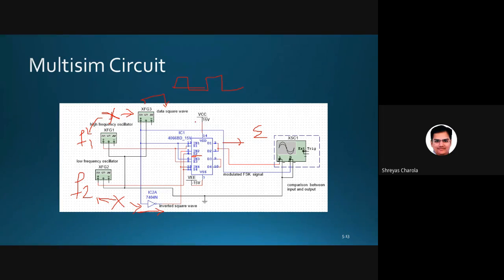Okay, now your job is to find out: everything is known to you, but one thing is unknown, the 4066 BD. That is an IC. You have to search the internet for 5 or 10 minutes to find what this circuit, 4066 BD, is used for, and write down your answer in the chat box.